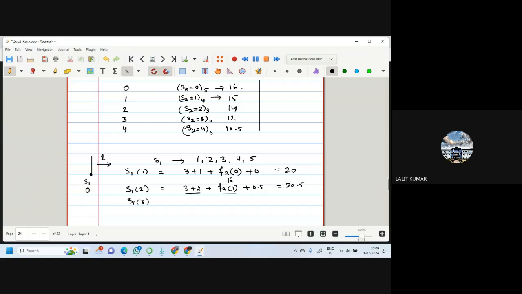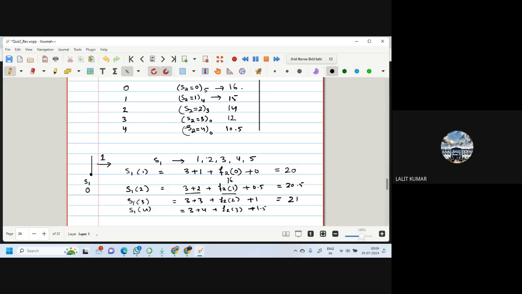S1 3, if he orders 3 plus 3, he reaches F2 of 2, carries 1. F2 of 2 is how much? 14. 14 plus 6, 20, 21. S1 of 4, he orders 4, 3 plus 4, reaches F2 3, carries 1.5.